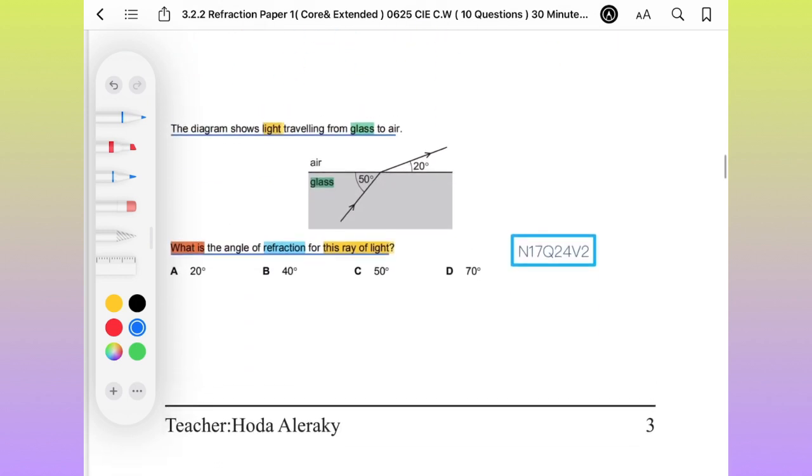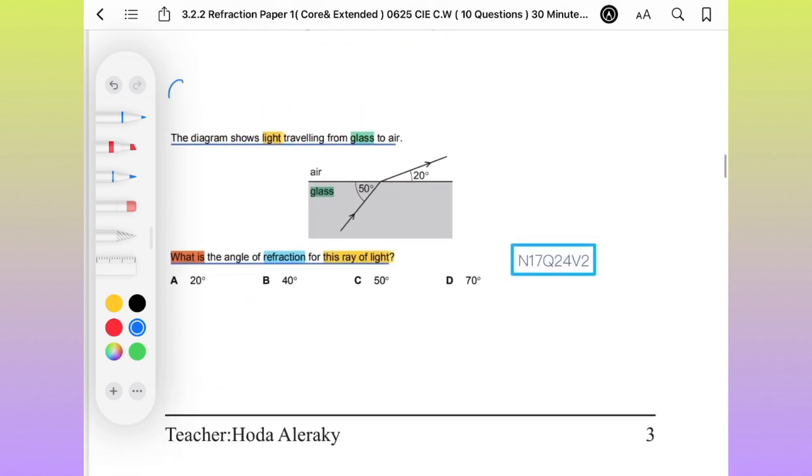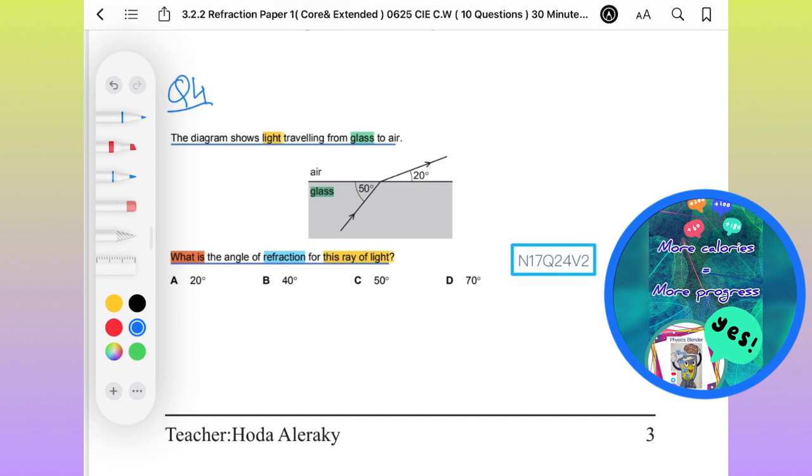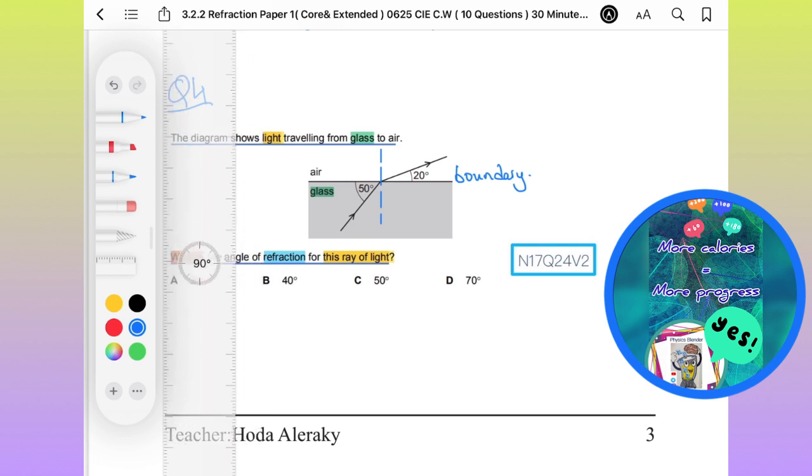Okay, question number 4. The diagram showing light traveling from glass to air. So here it's the other way, the second case. So we have here the normal to the boundary. So this is the boundary. And you know that air is less dense.